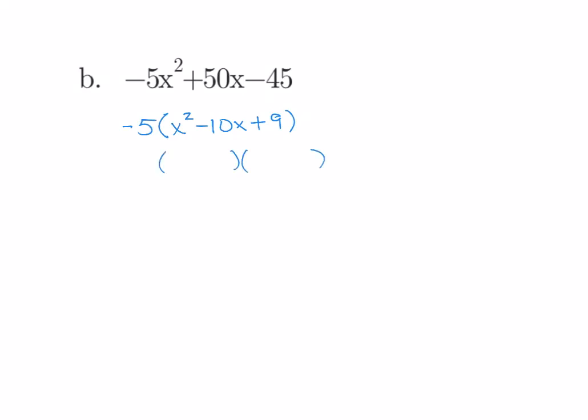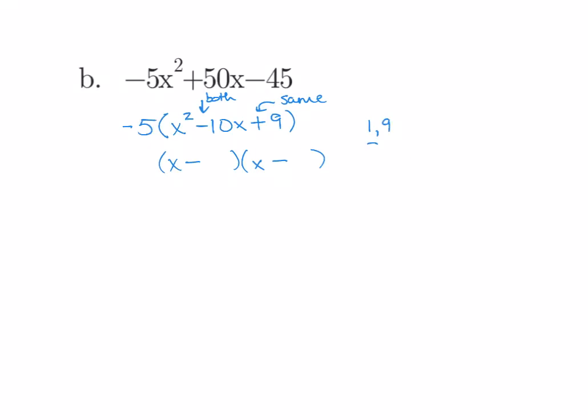All right, we go ahead and factor our trinomial. So I got my 2 sets of parentheses. I got my firsts. Positive 9 tells me same signs. Negative 10 tells me both are negative. What multiplies to 9?